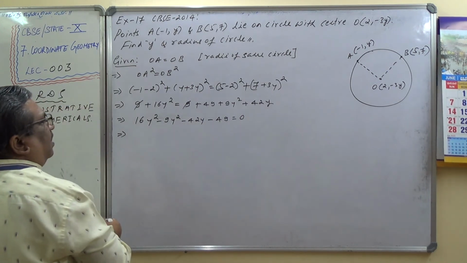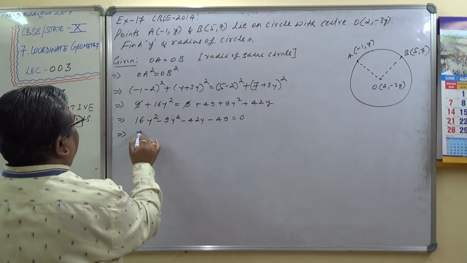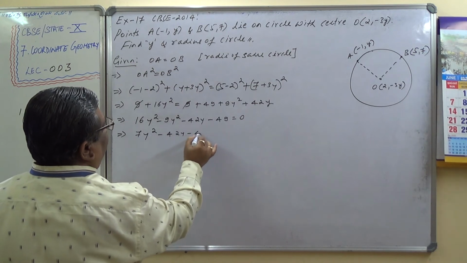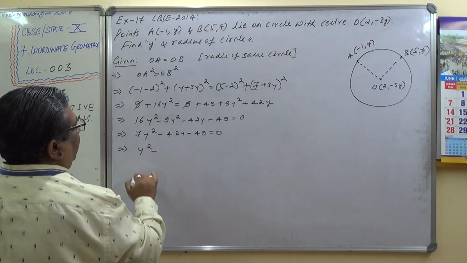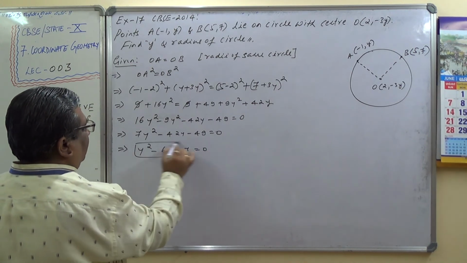Correct. So 16y square minus 9y square is 7y square, minus 42y minus 49 equals 0, implies y square minus 6y minus 7 equals 0.